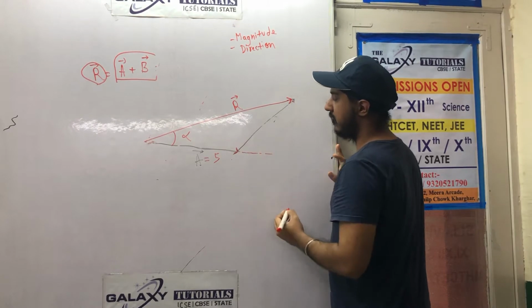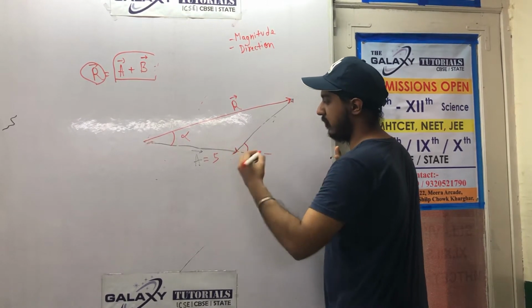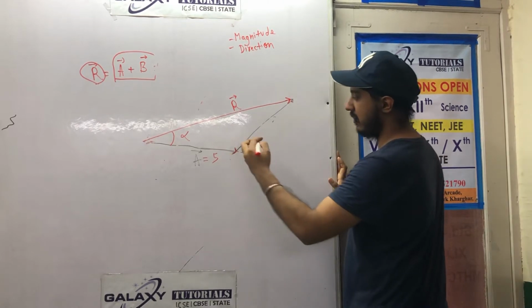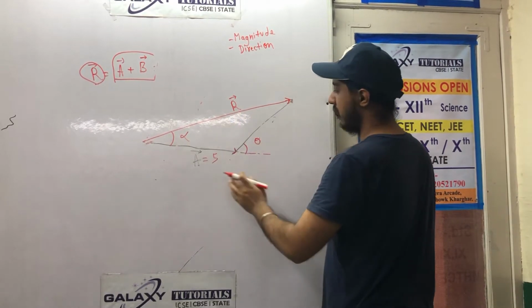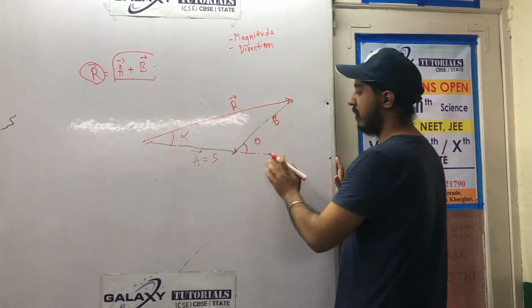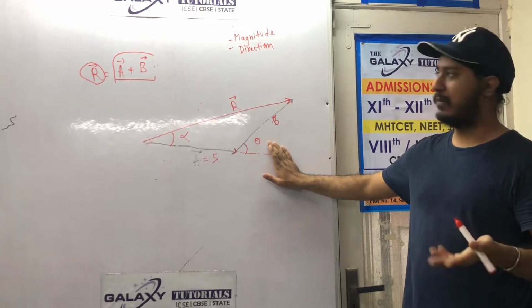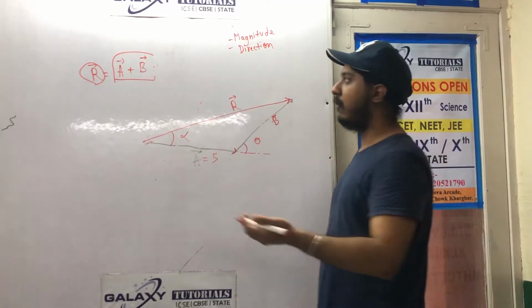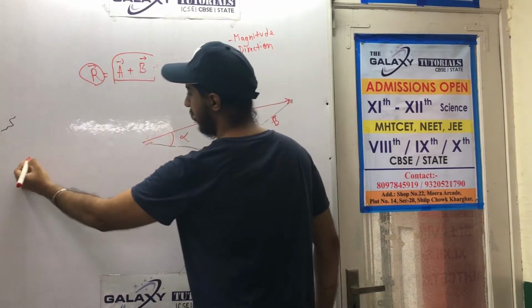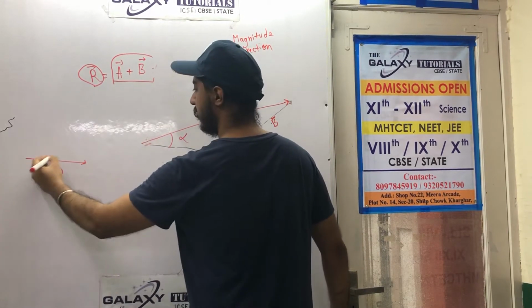Another thing is that most probably you will know this angle. This angle, let us assume, is theta. This is the angle between vector A and B. The angle between vector A and B is theta. You will know this angle in the question. Anybody who gives you a question will obviously tell you that, say, this vector here is 5 and this vector here is 6.